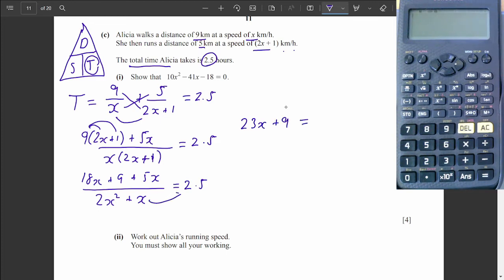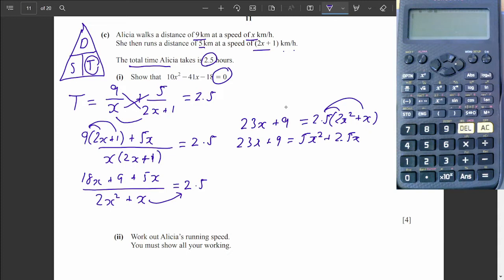And we can multiply this on the other side. So that gives us 2.5 times 2x squared plus x. So let's expand that bracket. 2.5 times 2x gives us 5x squared, and 2.5 times x gives us 2.5x. Right, I want everything equal to 0.